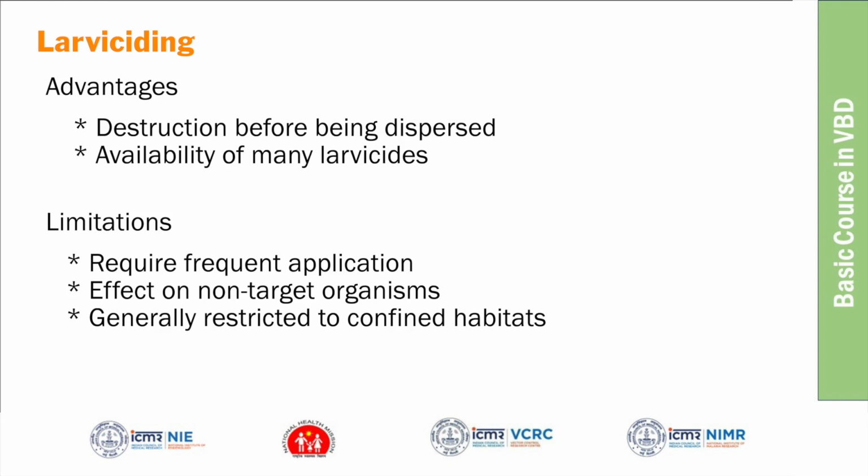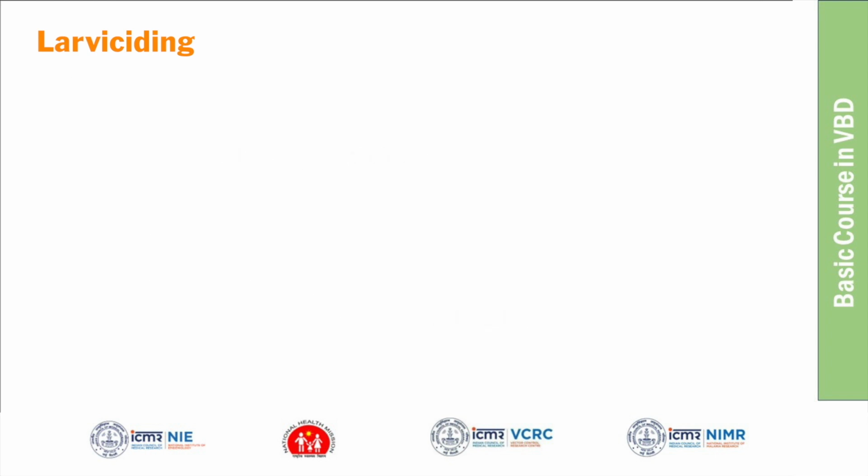Then there is the effect on non-target organisms. When you are applying in fresh water, it will not only kill mosquito larvae, it will also kill other predatory beneficial organisms. It is generally restricted to confined habitats.